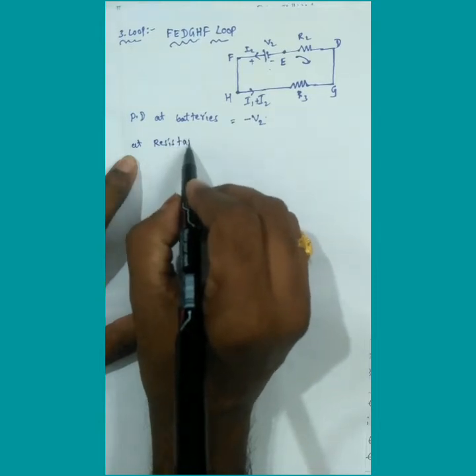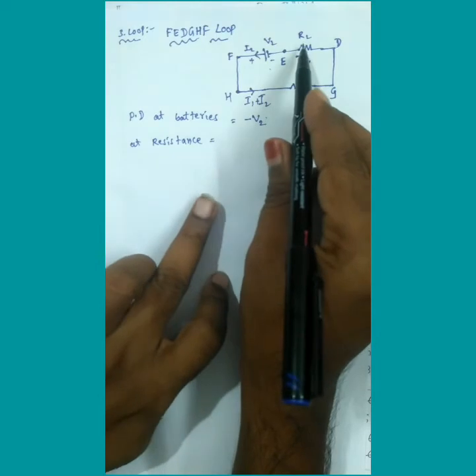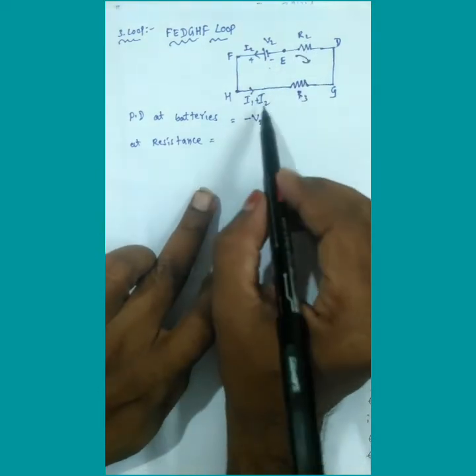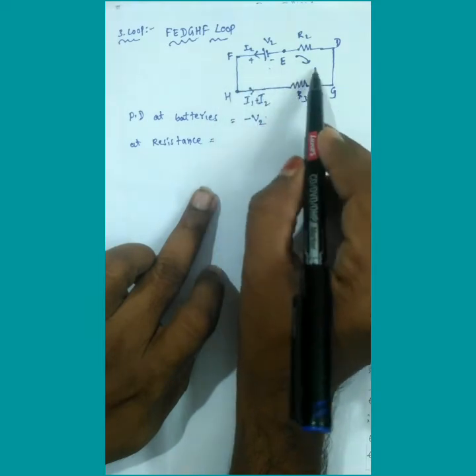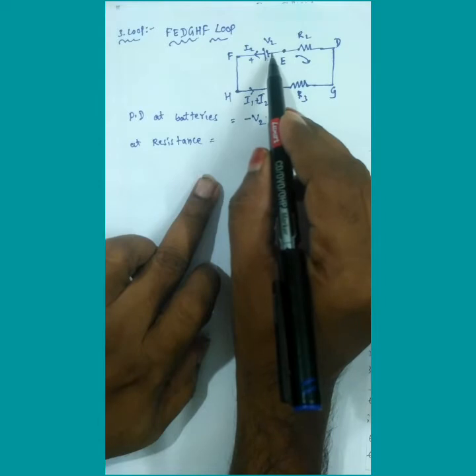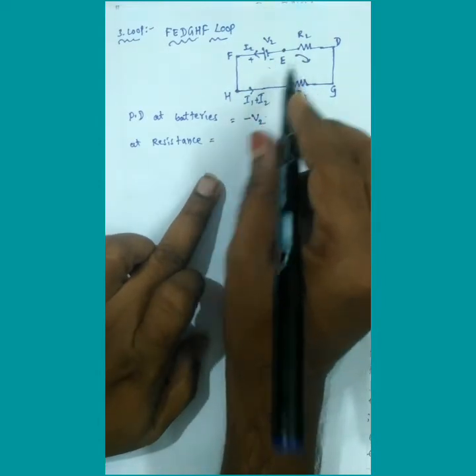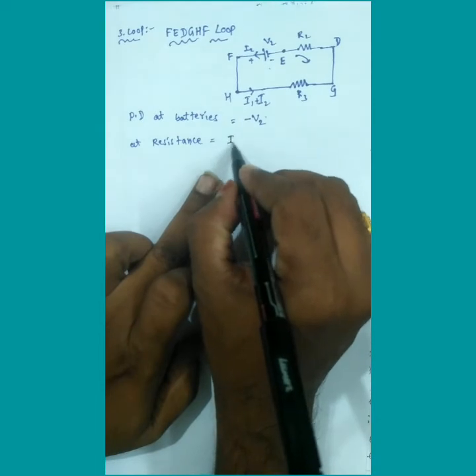Two resistances. Now we have to apply it here and there. Suppose we apply at the resistance here, we are taking it in this direction, so first we apply here. It is positive, because it is the opposite direction to the current flow, connected to the negative.